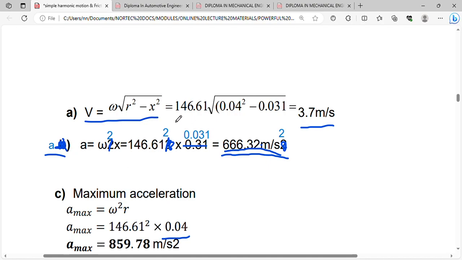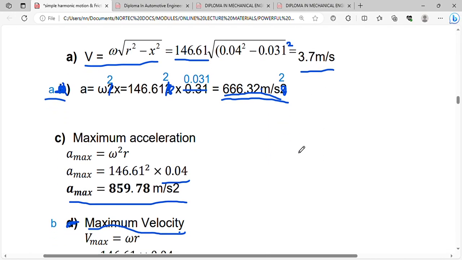The W is 146.61. Then R is 0.04, so we square it as well, take away 0.031, also squared. When you do that, make sure they're in brackets. Then the answer will be 3.7.